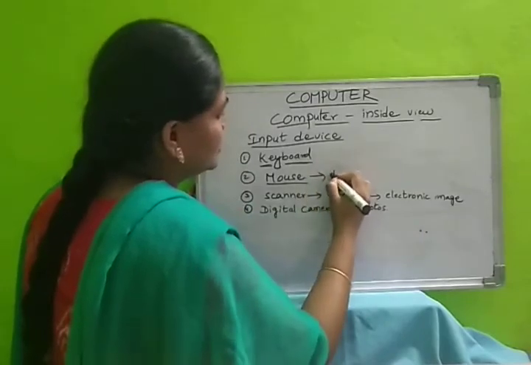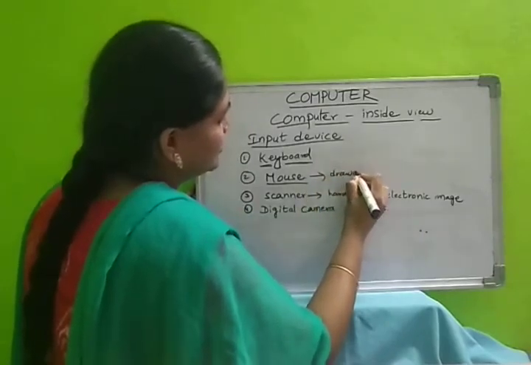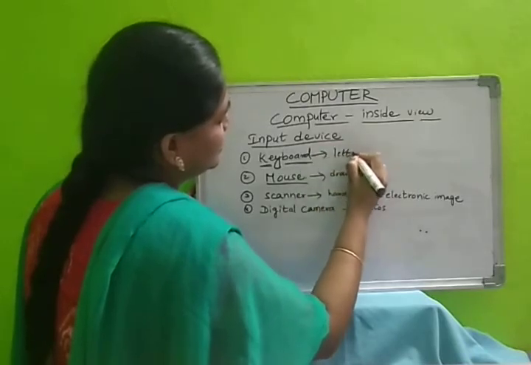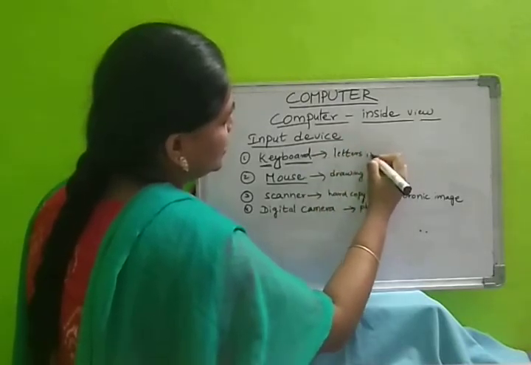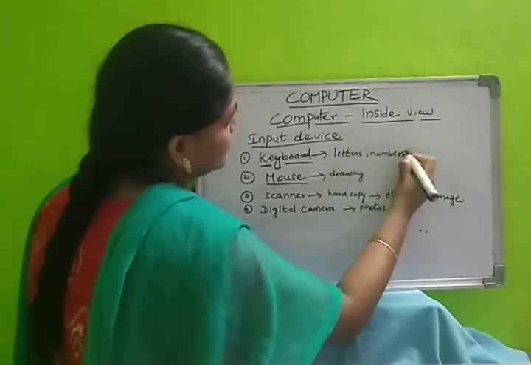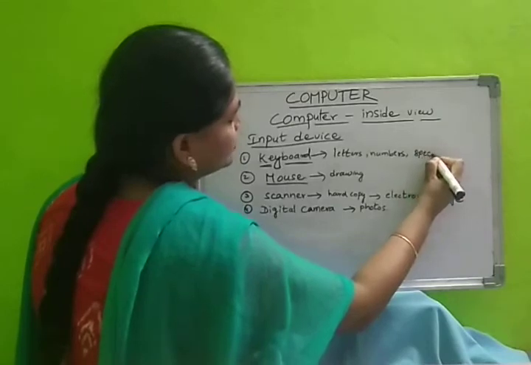Mouse, drawing, that picture we are giving as input. Keyboard, what we are giving? Letters or numbers or special characters.